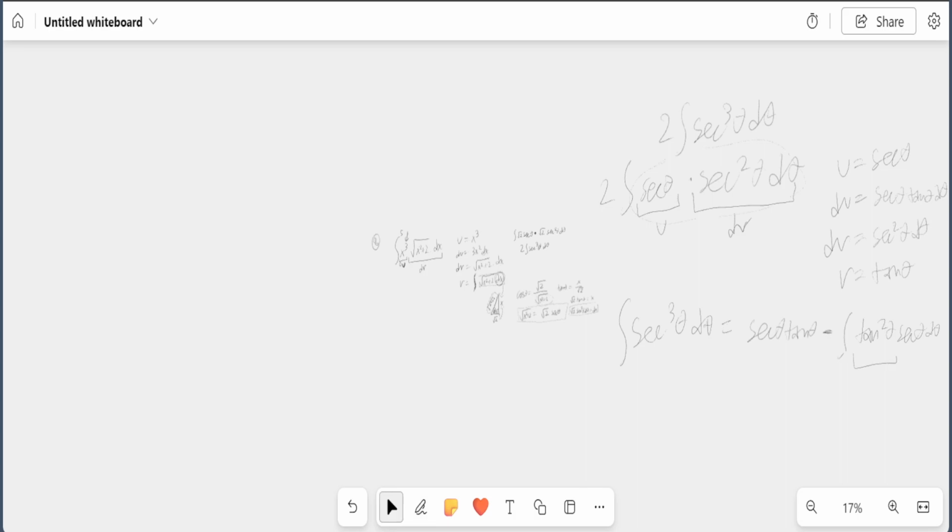It was secant squared theta minus 1, right? And so I'm going to move over to this side. It'll be secant cubed theta d theta is equal to secant theta tangent theta minus the integral of secant squared theta minus 1.